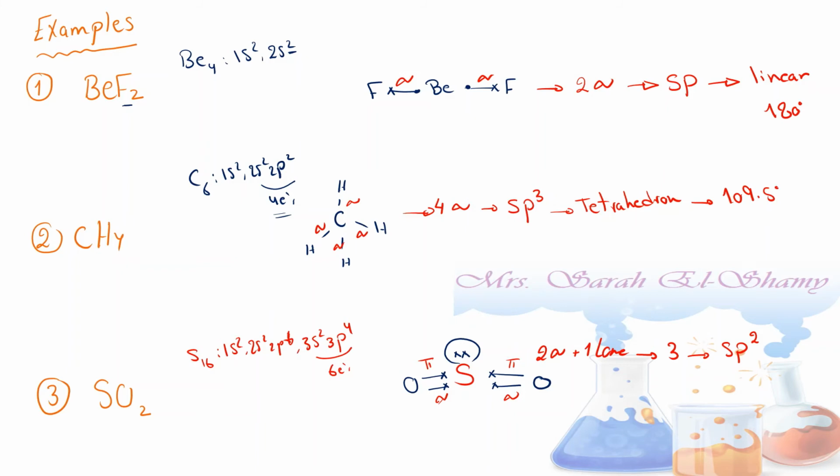Okay, let's consider the angle and the shape. If we have a 3 or sp2 hybridization with 2 sigma and 1 lone pair, it will be what? It will be angular. Okay, angular with an angle of 119 degrees.